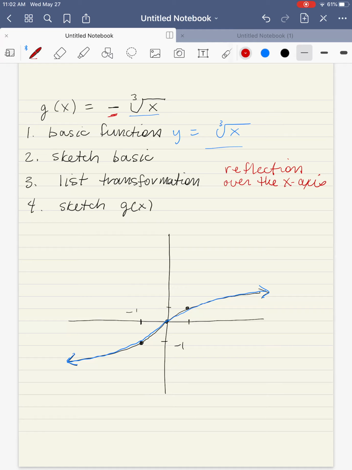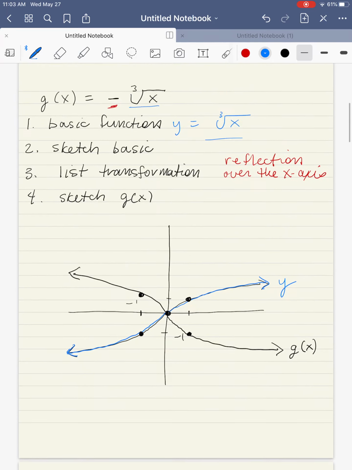So when I sketch g of x, this point reflects down to here, (0, 0) stays where it was, and this point reflects up to (-1, 1). And then I just recreate that shape. And that's what g of x looks like. And this one was my basic function y. Okay, hopefully you got that one okay.